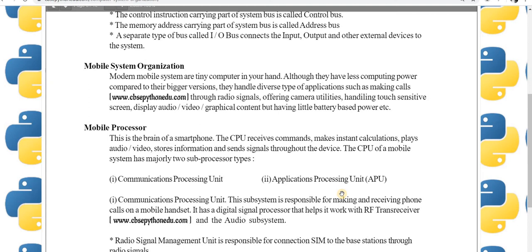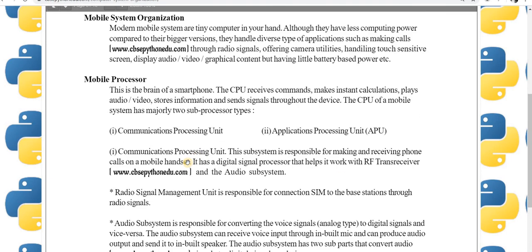One thing is what we use our mobile phone for basically, which is to communicate with people, calling someone or receiving a call, and the application processing unit, which is basically the rest of the job done by the mobile phone, whether it is playing a game or surfing the net, all these things.